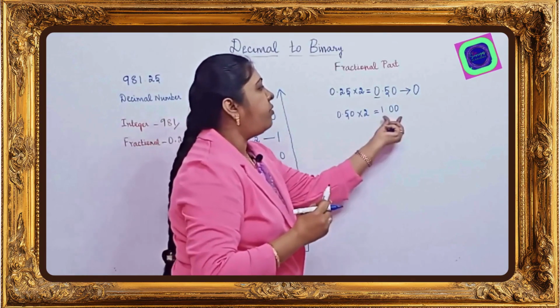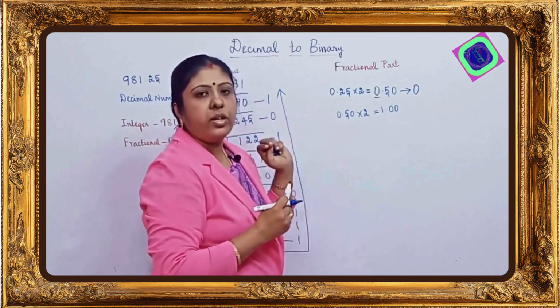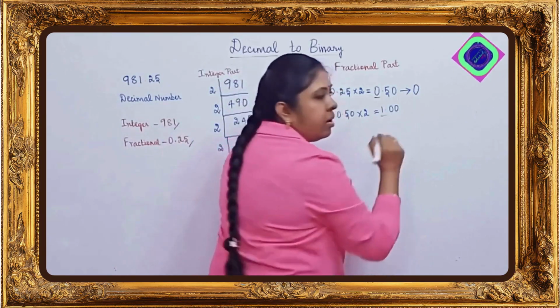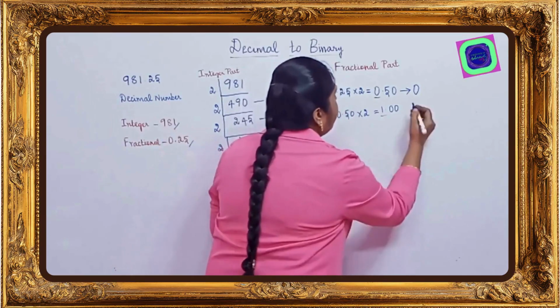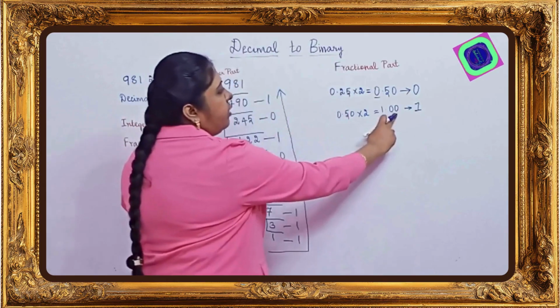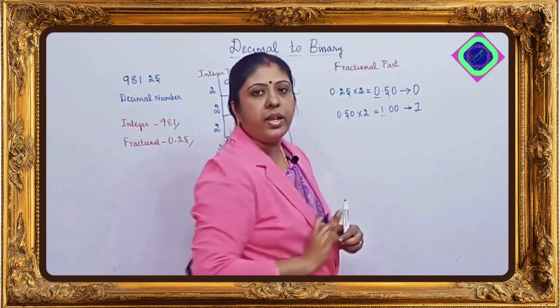Suppose for a different number, if we cannot attain 0.00 in the fractional part, if it goes on, then we can stop at 3 iterations. Now in this, the integer part is 1, so it is written here. Again the fractional part is 0.00. Since we attain the fractional part 0.00, we are stopping the iteration.